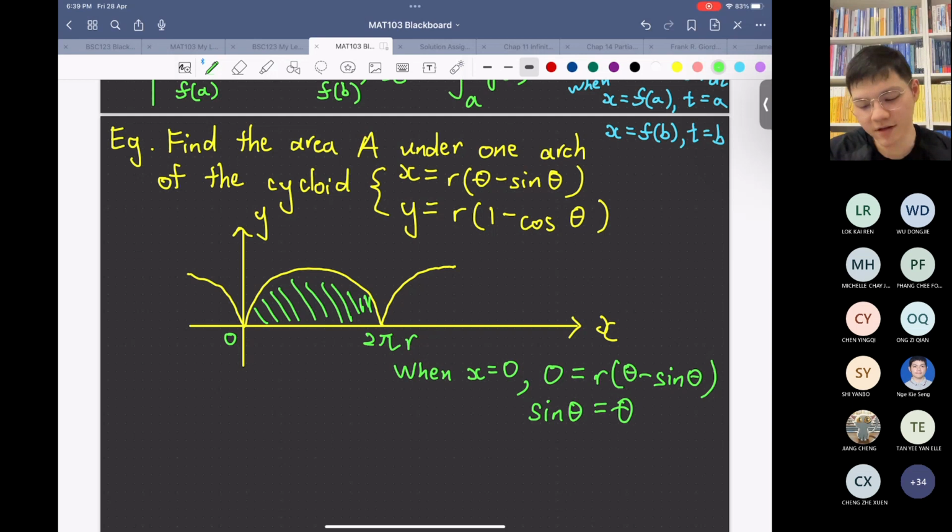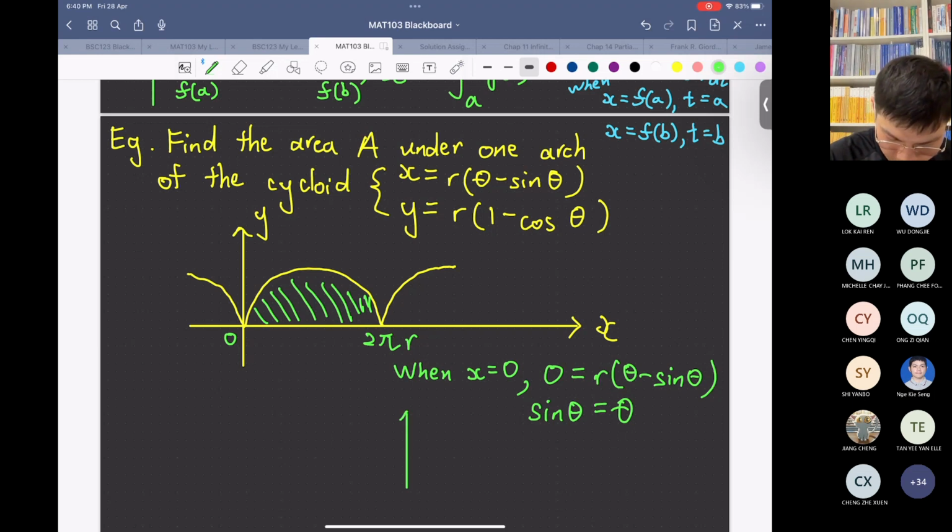When does sine theta equal theta? Anyone have any idea? Someone says 0.